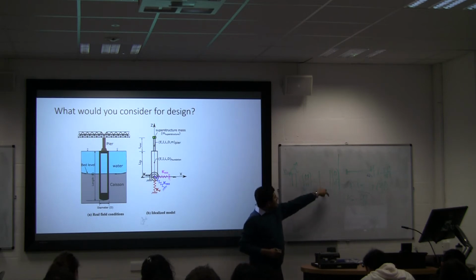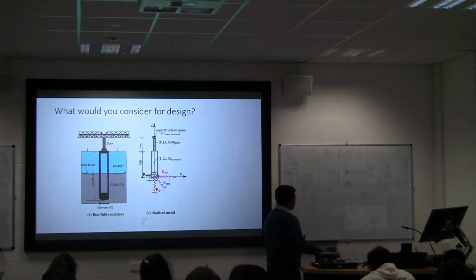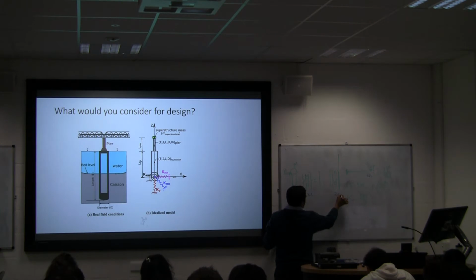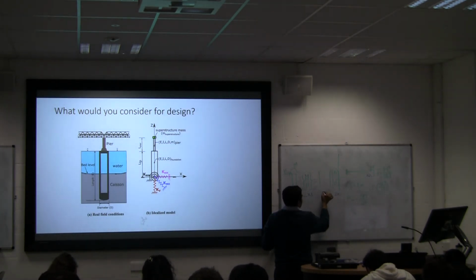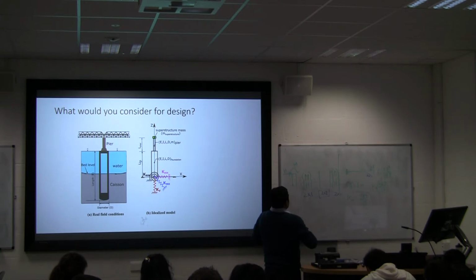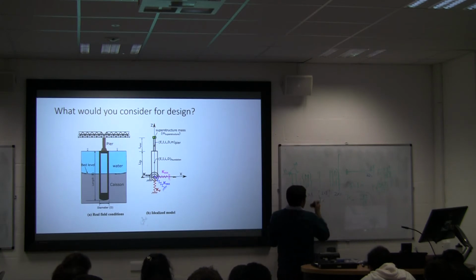Now, this is a 2 by 1 matrix, and this is a 2 by 1 matrix, so this must be a 2 by 2 matrix, otherwise you cannot multiply them. So this one is K rotational.